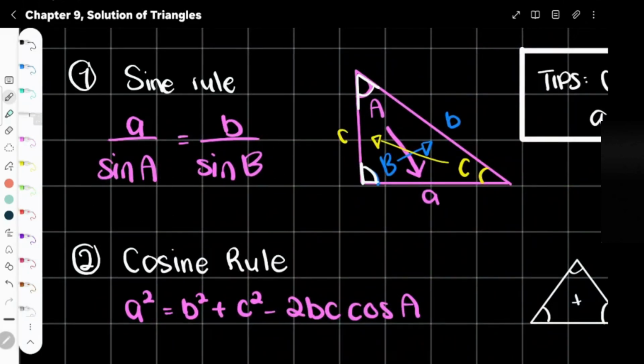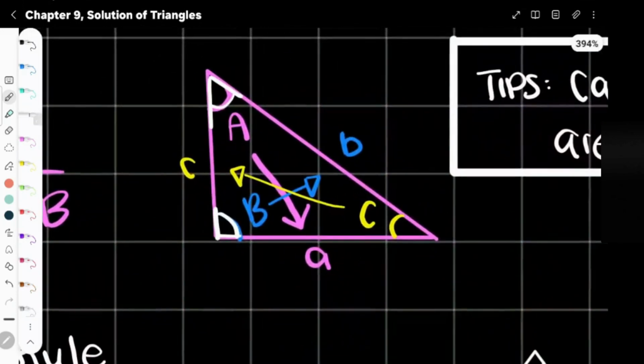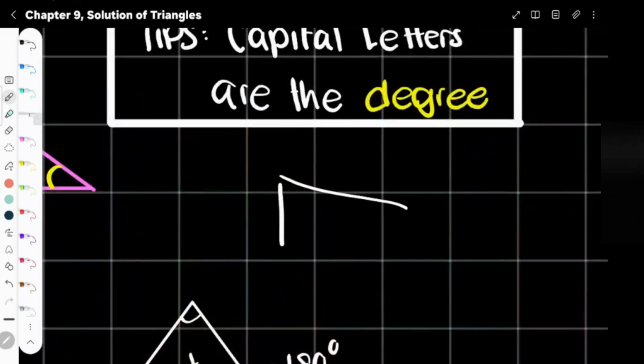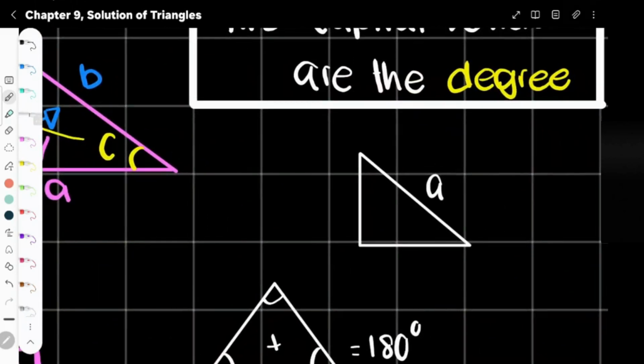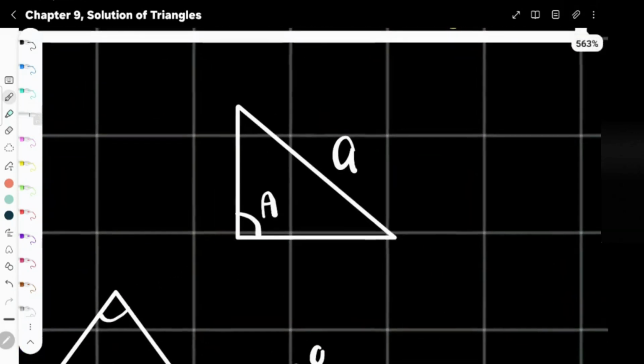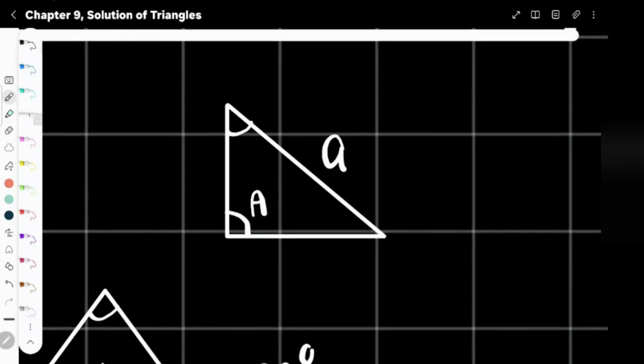Okay, and in case you forgot, in a triangle, if you say this is A, then the side opposite to it is the wall. This is big A, capital A. Just think of the interior angle as the capital letter.